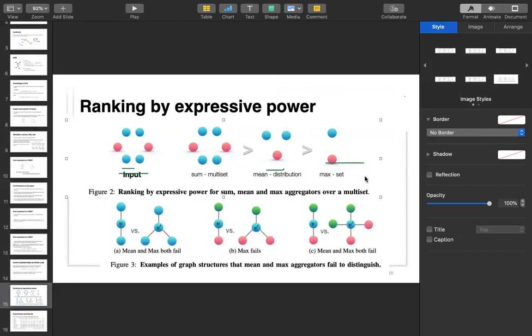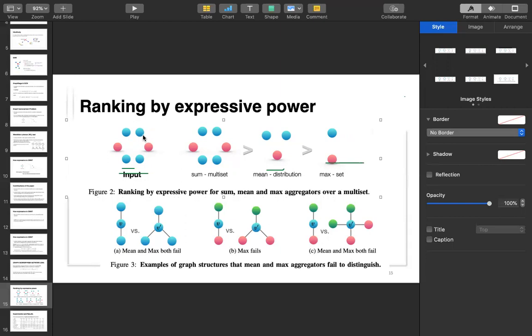Any example or any more illustration of what information the max function loses? So max is very obvious, right? Let's raise an example. Why max? What information will the max function lose?